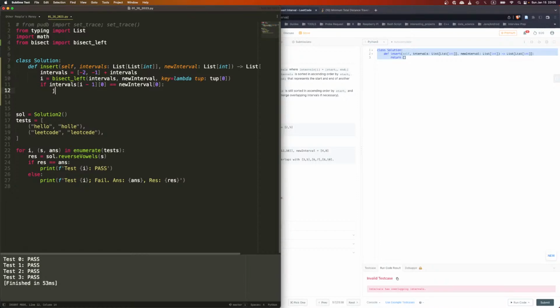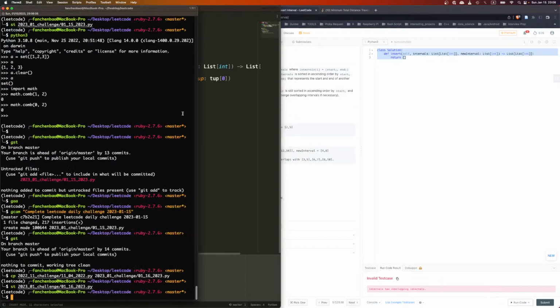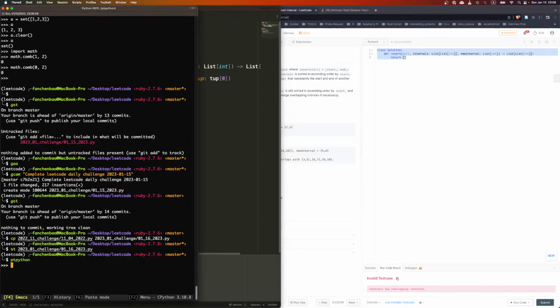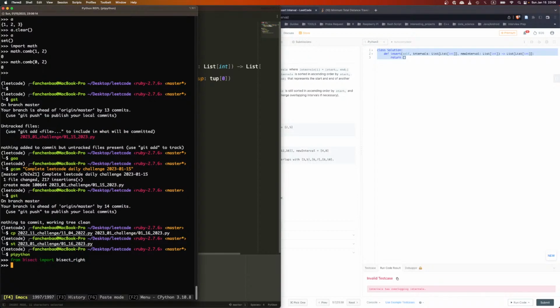Now we can do J equals bisect_left of intervals, new interval. Can do this. Wait, I actually don't know. Can we do this?